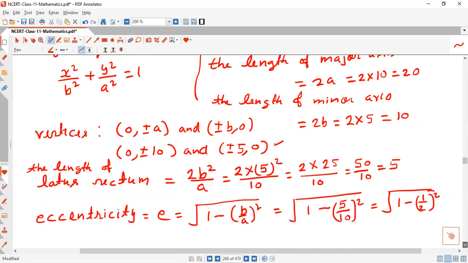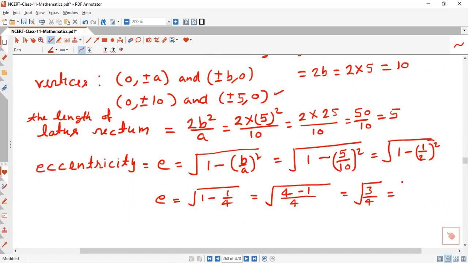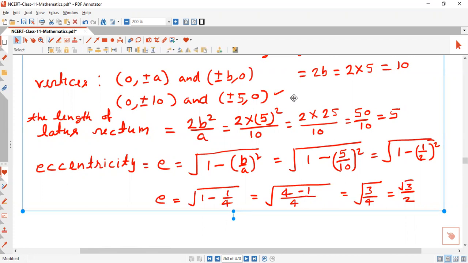Now taking the square, e comes out 1 minus 1 by 4. Taking 4 as LCM, we are getting 4 minus 1, this will come out root 3 by 4, and you can say root 3 by 2. So eccentricity will be root 3 by 2. So this is the answer of this question.